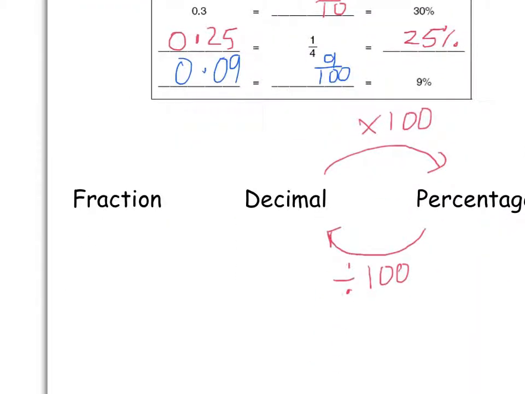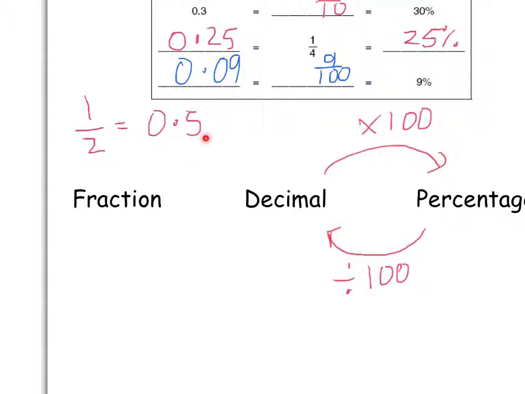But a more difficult one is how do you convert between a fraction and a decimal, or between a decimal and a fraction? Well, if we look at an easy one, 1/2, and we know that's equal to 0.5. Well, this means 1 divided into 2 parts, and 1 divided by 2 gives us 0.5.